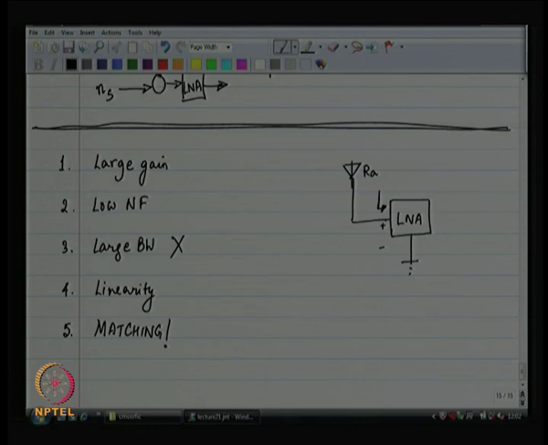Now, all this happens when you match the impedance of the antenna to the impedance of the low noise amplifier. All right. What about the output? Presumably the output also needs to have matching, so that you can effectively get the maximum possible gain.